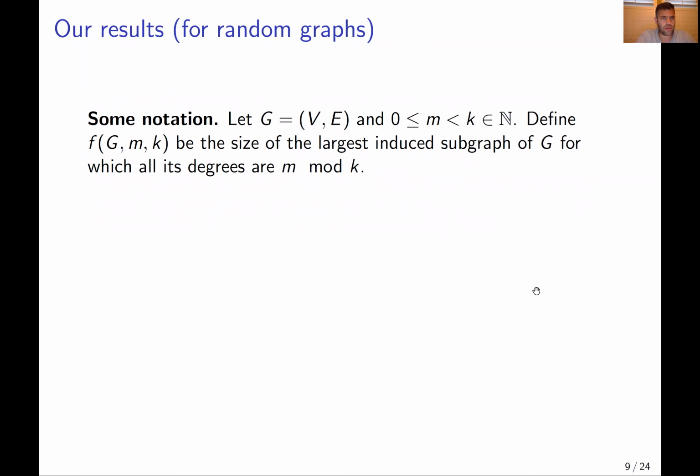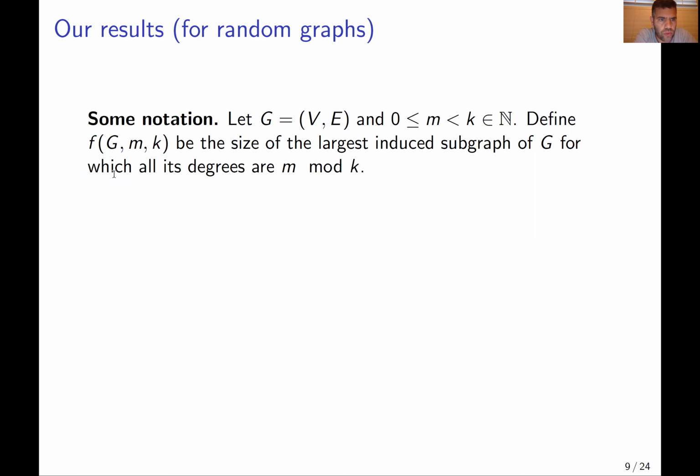So now let's try to state our results for random graphs. So I need to introduce some notation. Hopefully it will not be too confusing. So suppose that G is some graph and you fix some k and you fix some residue m. And now let's define f(G, m, k), right? So remember that we had f(G) was the largest induced odd subgraph.